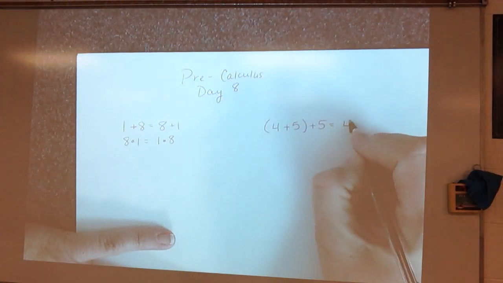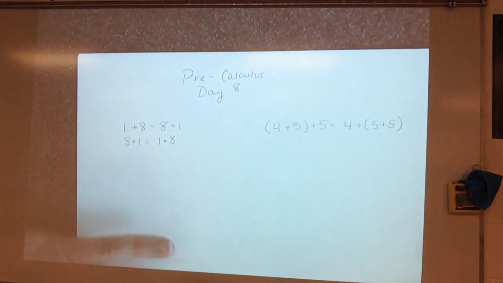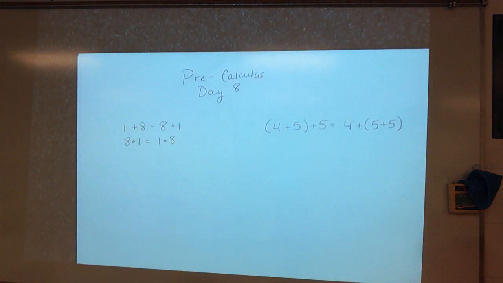So the associative property tells me that I can do this. That instead of adding 4 plus 5 first, I could add 5 plus 5 first. 5 plus 5 is 10 plus 4 is 14. It's a little easier than 4 plus 5 is 9, 9 plus 5 is 14. Yes, this is a simple problem, but the associative property makes some of our more difficult problems a little easier.